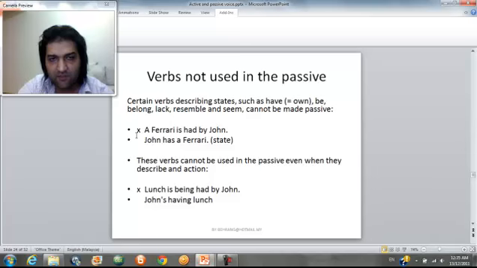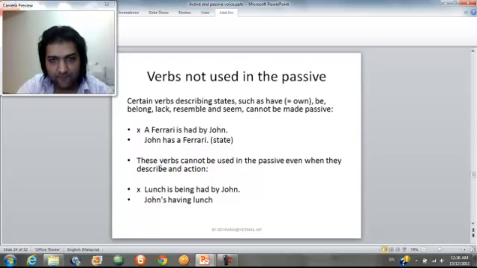So it is going to be a mistake if I say "a Ferrari is had by John," because "had," the past form of have, is referring to possession, own here. So we can't say a Ferrari is had by John. We should say John has a Ferrari.